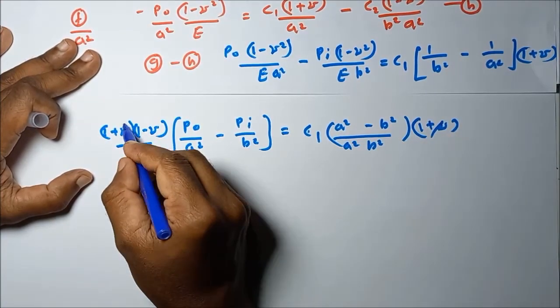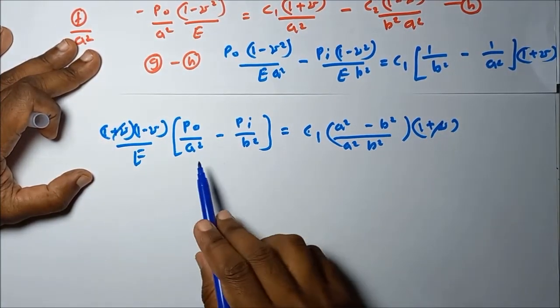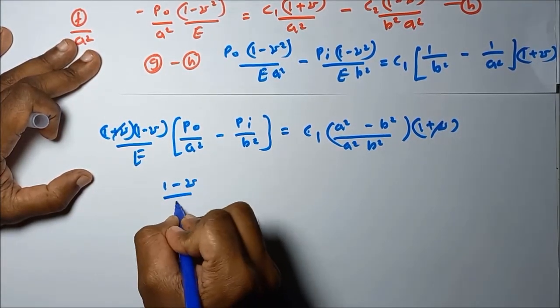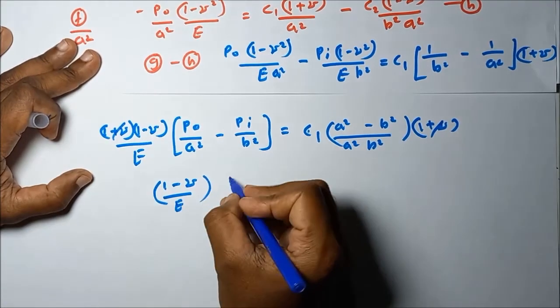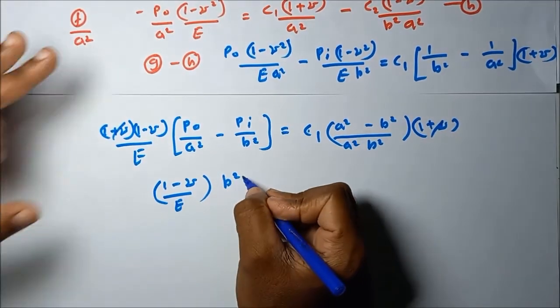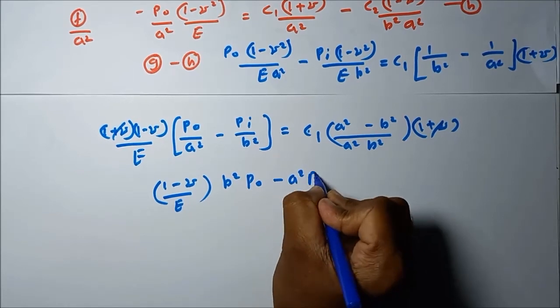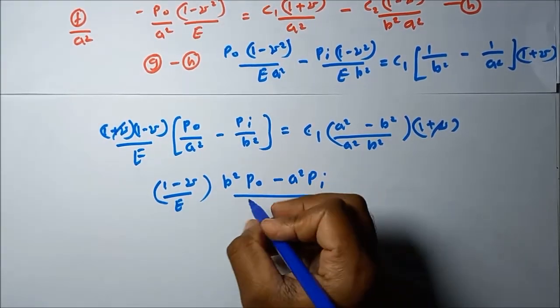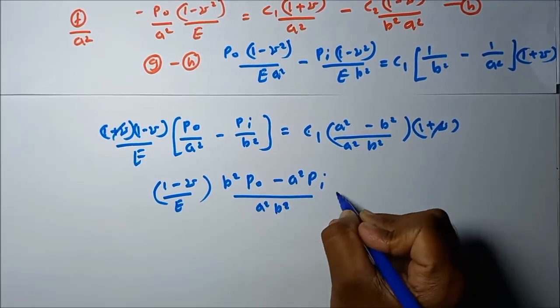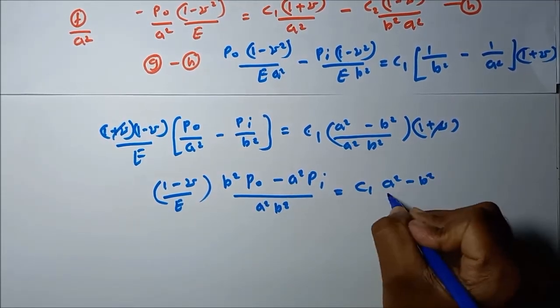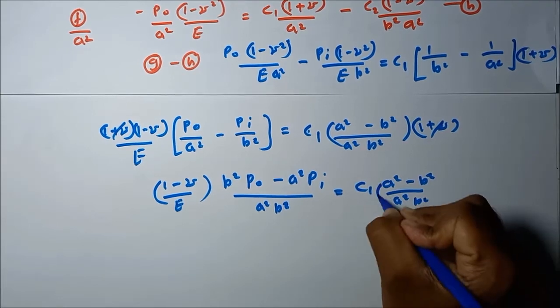Then we can cut this. Here also (1 minus nu) divided by E times (b square p naught minus a square pi) divided by a square b square is equal to c1 (a square minus b square) divided by a square b square.